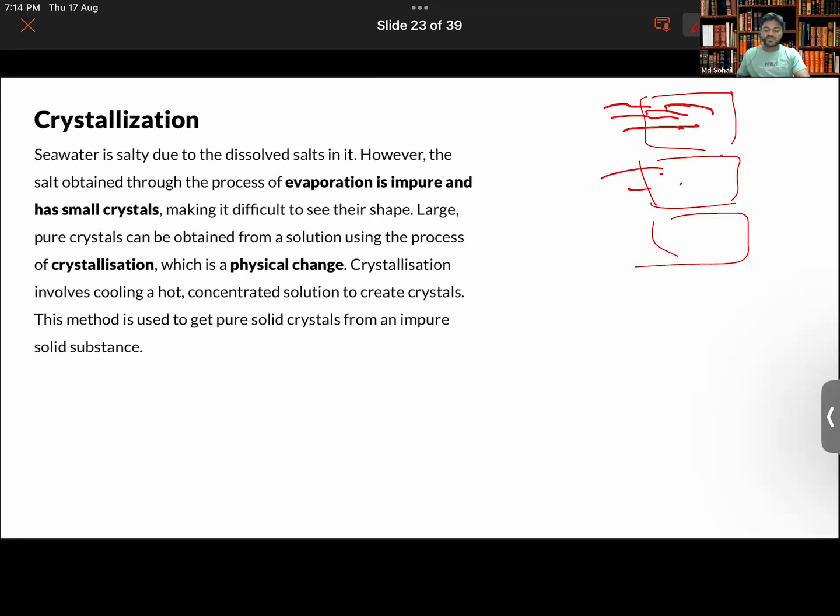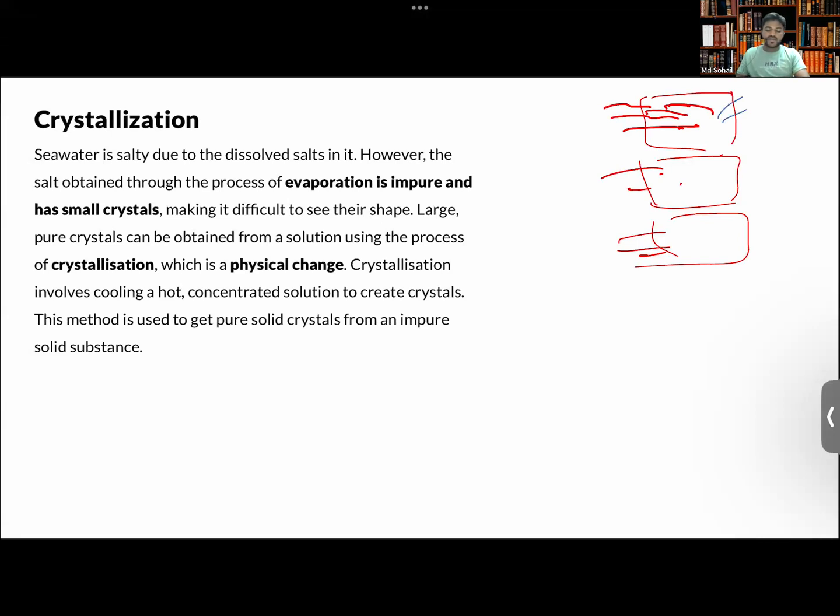That water deposits into it and they allow it to evaporate in sunlight. When the water has evaporated, they are left with salt, but that salt is impure and contaminated, and the crystals are small. Their shape is not regular and can't be seen properly.